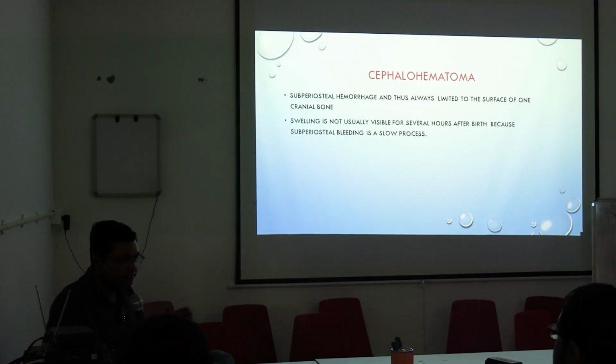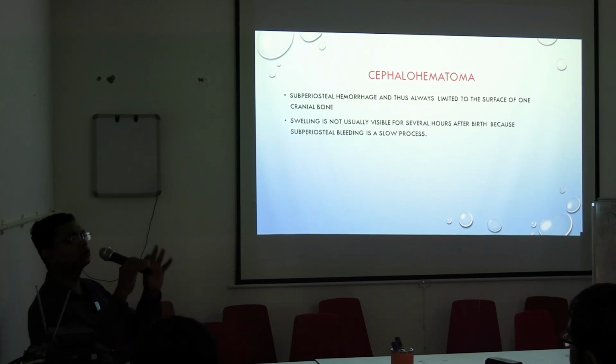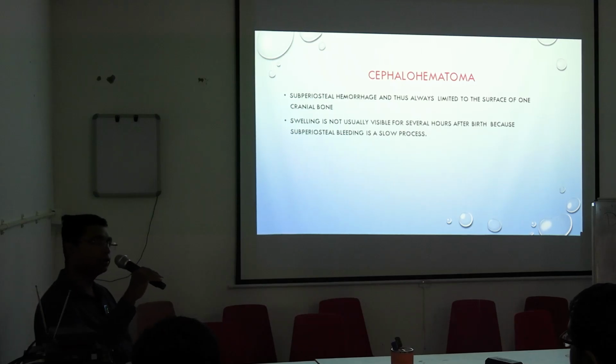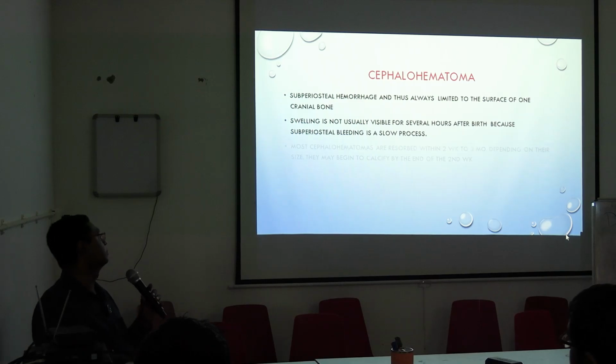So, the first difference from Caput Succedaneum is that caput is present maximally during birth, meaning you see it at its largest size right after birth, but Cephalhematoma usually takes some time to appear, 1 day, 1.5 days, like that.